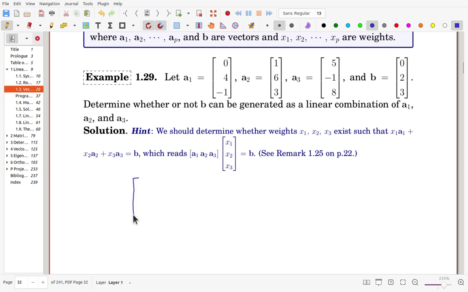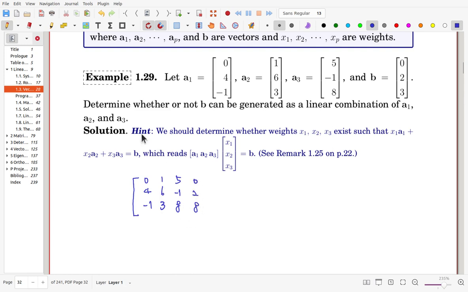Now, A1 is 0, 4, -1. That is the first column of the matrix. And A2 is 1, 6, 3, and A3 is 5, -1, 8. That is now the matrix. And the right side is 0, 2, 8.